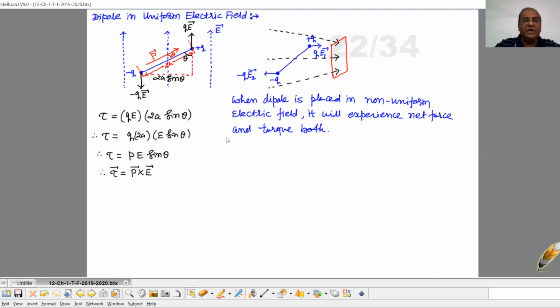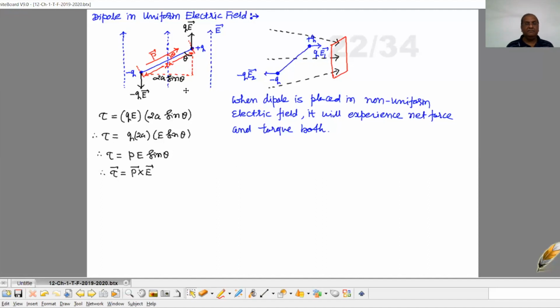So now, the torque, how much is it? See here, the distance between these two charges is represented as 2a. Now this angle is theta, so this one is also theta. So the perpendicular distance between these two forces is given by 2a sine theta.